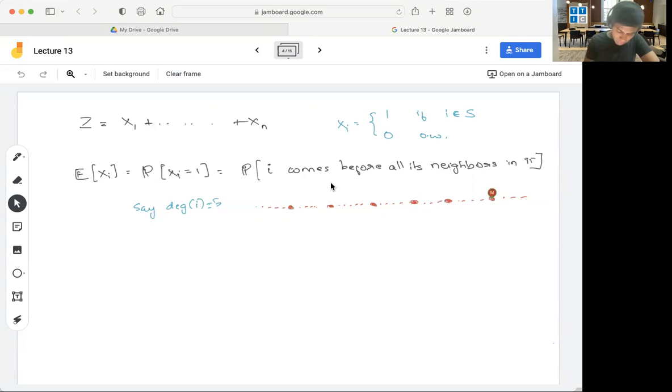So the vertices that I've drawn in bold here are just I and its neighbors. If one of its neighbors appears before I in the ordering, then we will pick that neighbor and rule I out.